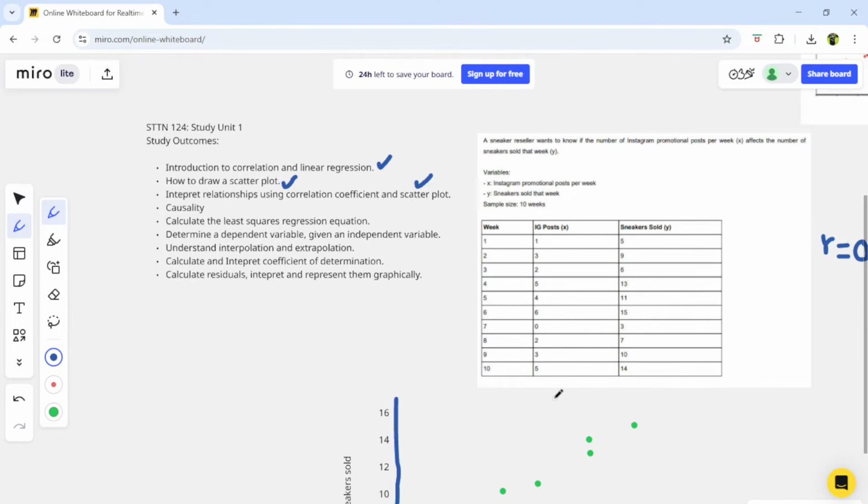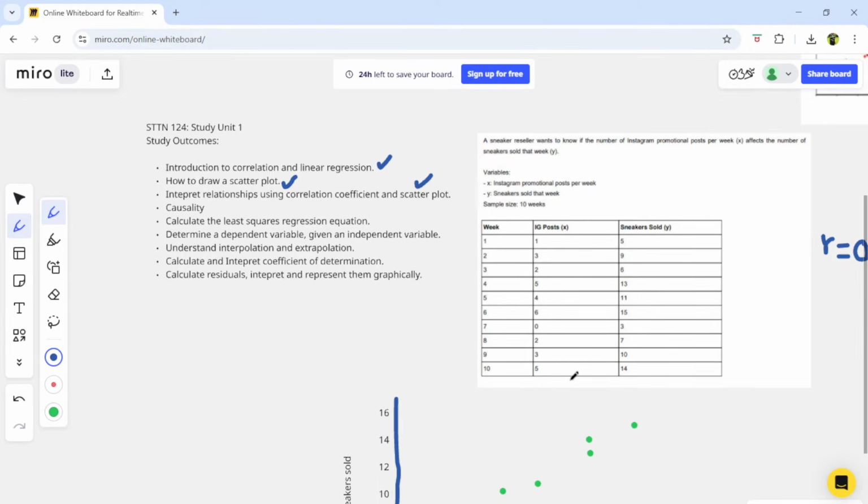The reason for this is there may be a number of posts, but still at the end of the day, the sneakers are not sold that much. Let's take 3, for example. There were only 3 posts, but they sold 10 sneakers. So this means that there might be another variable that contributed to this.